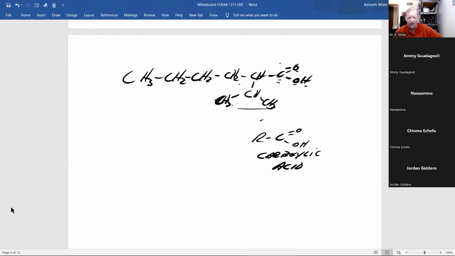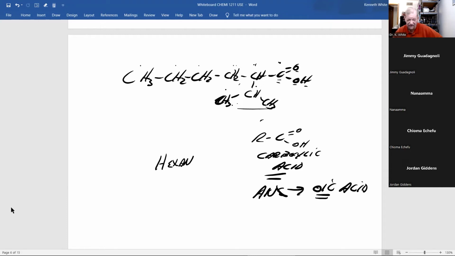Count the longest chain. 1, 2, 3, 4, 5, 6. So the longest chain, 6 carbons. 6, hopefully you learned by now, is hexane, but it's a carboxylic acid. Drop the E, add the letters OIC and the separate word acid.